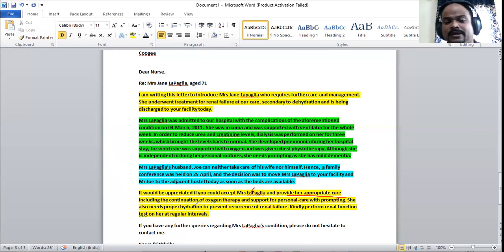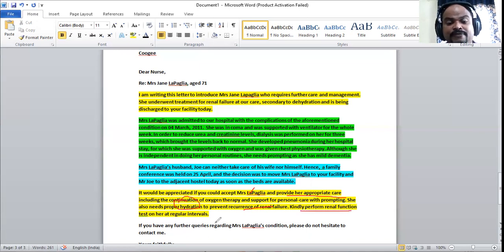She also needs proper hydration to prevent recurrence of renal failure. So in order to prevent the recurrence of renal failure, she needs proper hydration.